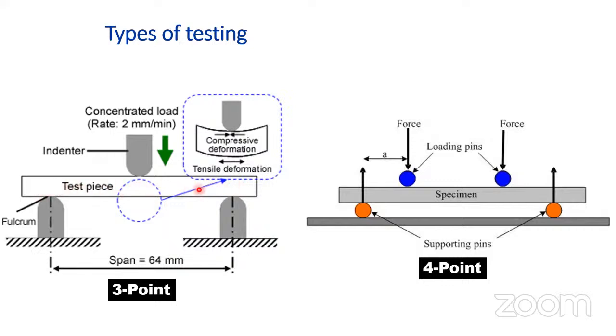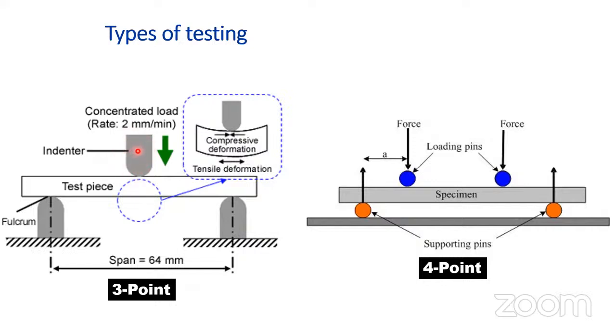This strip is kept on these two non-movable points, and the third, movable point is placed on the center of your specimen. Can you observe this? Yes, sir.